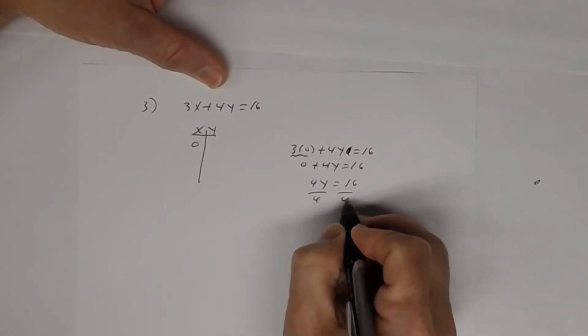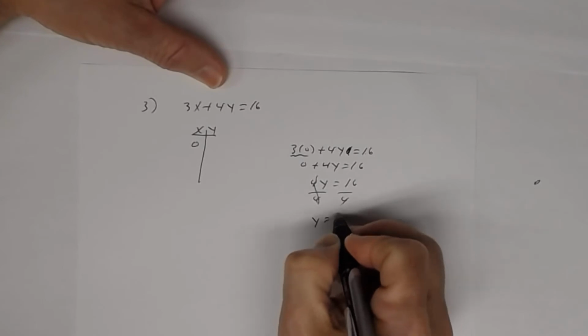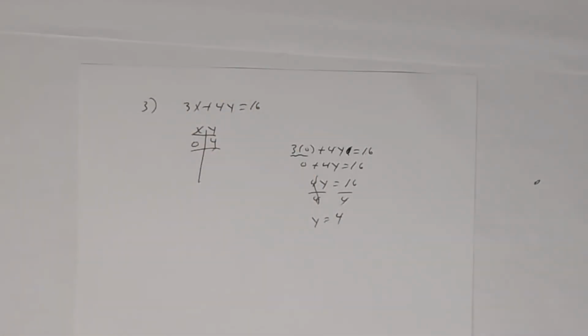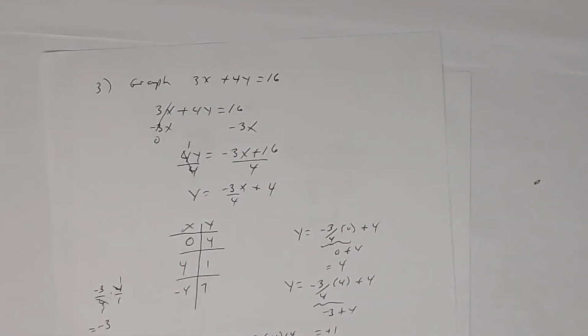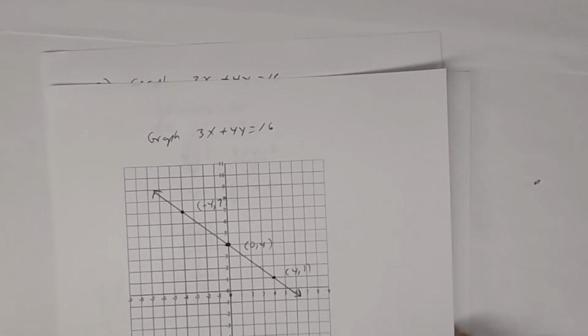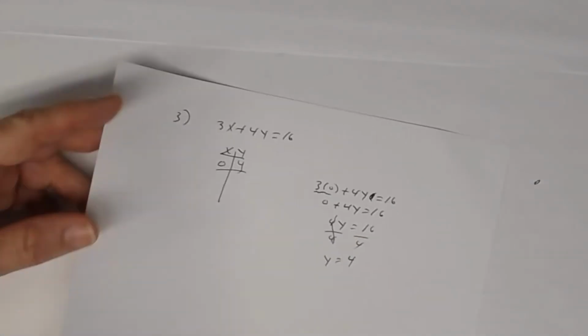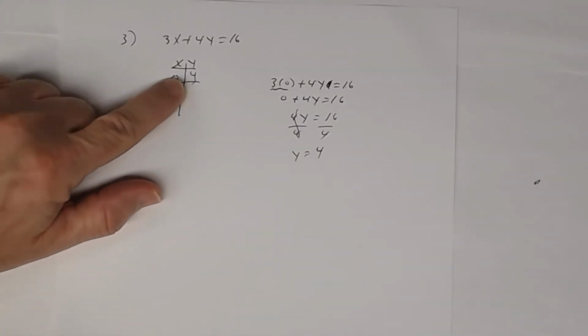Divide by 4. You get y to be 16 divided by 4, which is 4. Which we already had right here, (0, 4). So far, no big deal. We got a point where both coordinates are integers.